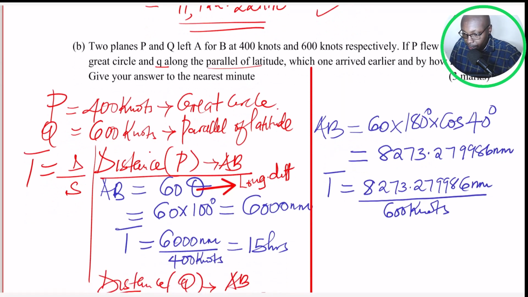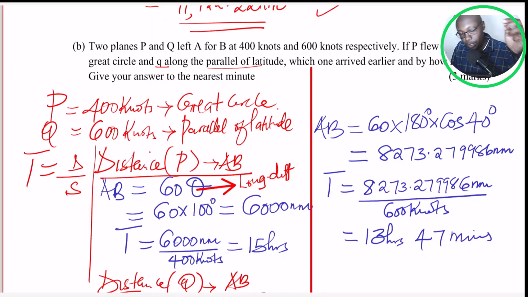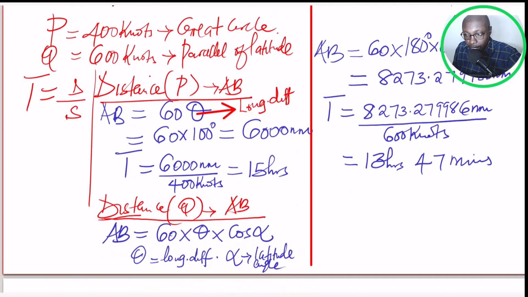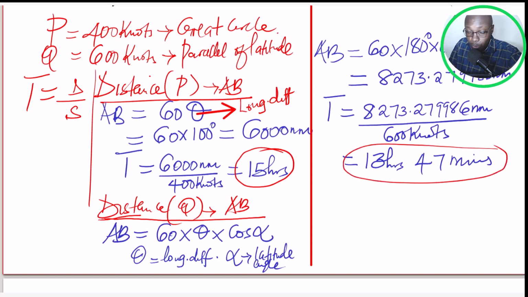Using a calculator, when you divide these, this will give 13 hours 47 minutes. Now you have the time taken by the two planes. One took 15 hours, that is P. Then Q took 13 hours and 47 minutes.